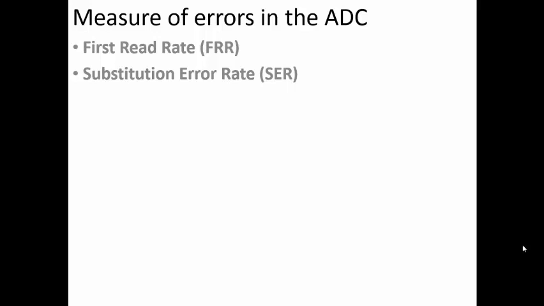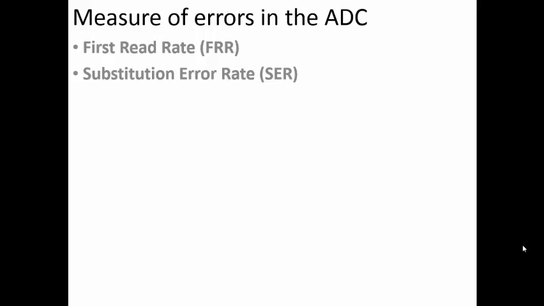The total number of errors will be equal to the substitution error rate multiplied by the number of characters which have to be read in that particular code. So if the error rate is very high, then definitely the number of errors is also going to be very high in each and every reading.